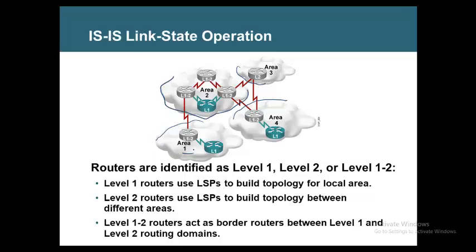Whatever networks area 1 has got, to give them to another area, only an L2 neighborship can do it.